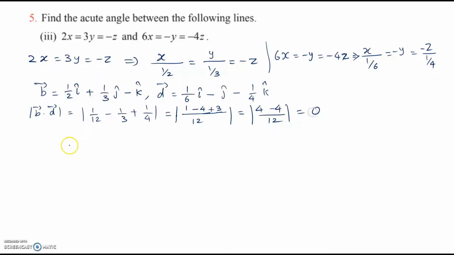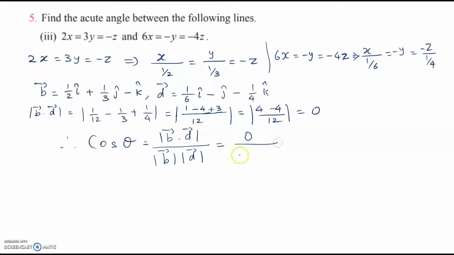That's equal to 0. Therefore, our cos theta would be equal to dot product BD divided by magnitude of B into magnitude of D, which is 0 over magnitude of B into magnitude of D, which is equal to 0. Therefore, our cos theta is equal to 0, which implies theta is equal to cos inverse of 0.